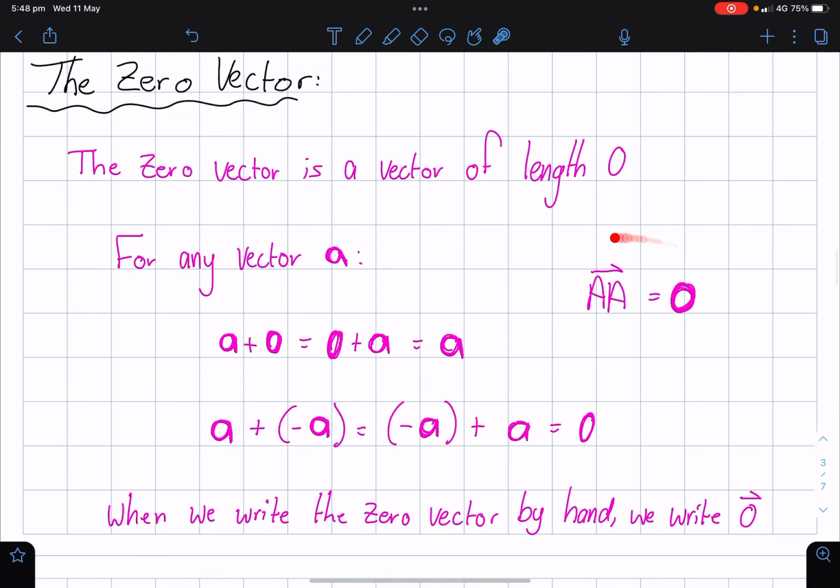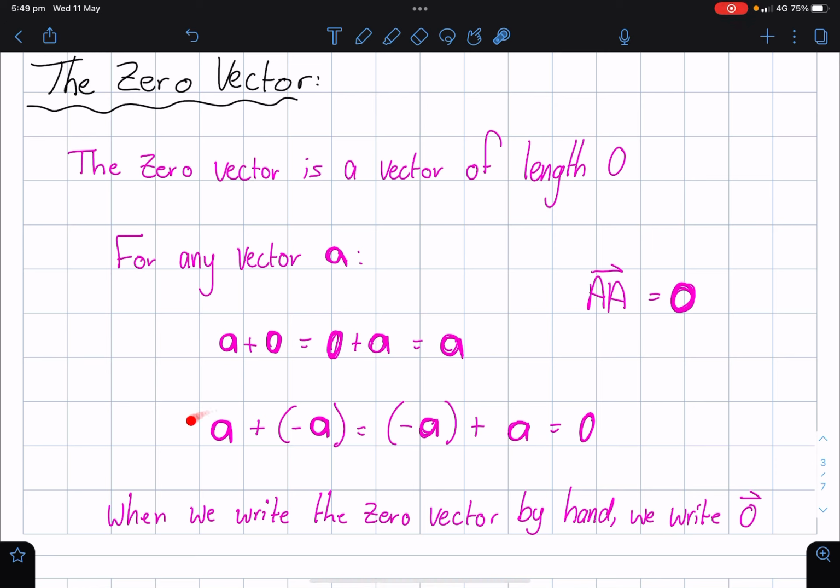So over here, if we're starting in destination A and we're moving and finishing in destination A, then we've actually got the zero vector because we haven't actually gone anywhere, okay? The next one is exactly like how a regular zero affects a regular number. Vector A plus the zero vector equals the zero vector plus a vector A, which is just vector A, okay? Because we haven't moved anywhere.